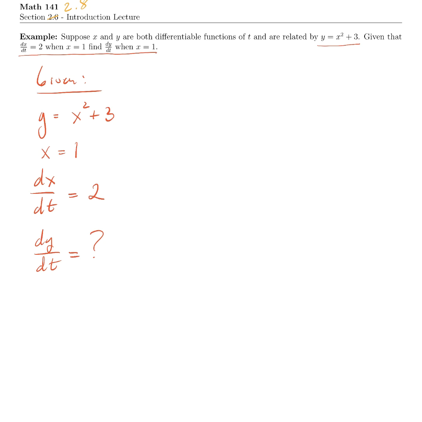Find dy/dt. Okay, so now, previously we took derivatives with respect to x. Now x and y are both functions of t. And so instead here we are going to implicitly take derivatives with respect to t.